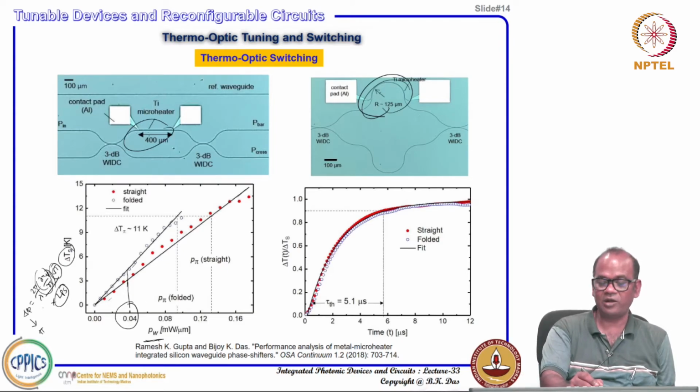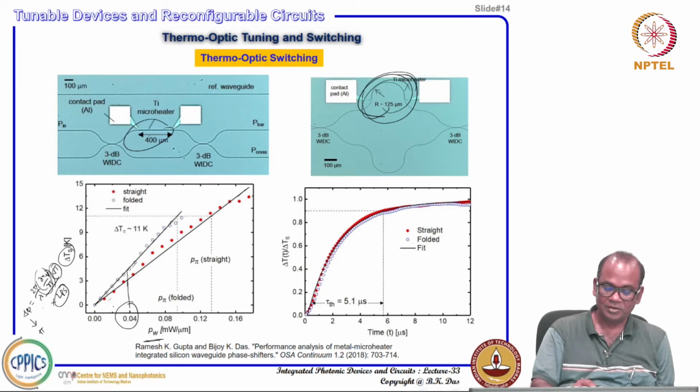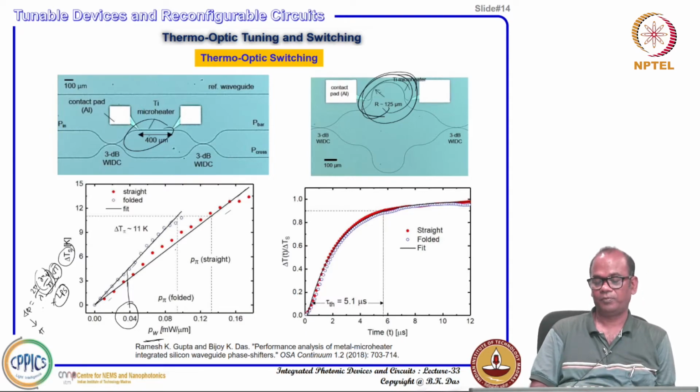If you compare the straight waveguide and the bent structure waveguide, the temperature rise will be higher in the bent structure. So, that is more efficient. More temperature rise means more phase shift will happen. This plot is shown for the straight waveguide, and the experimental results follow a straight line.